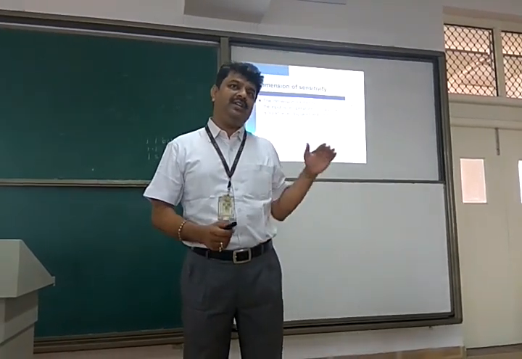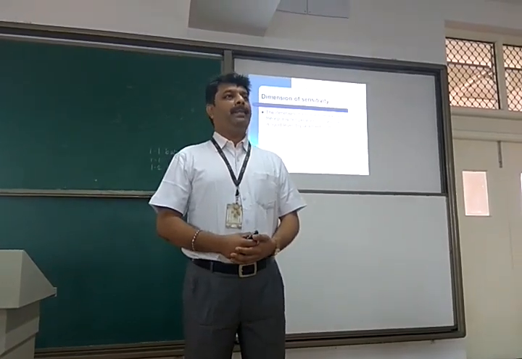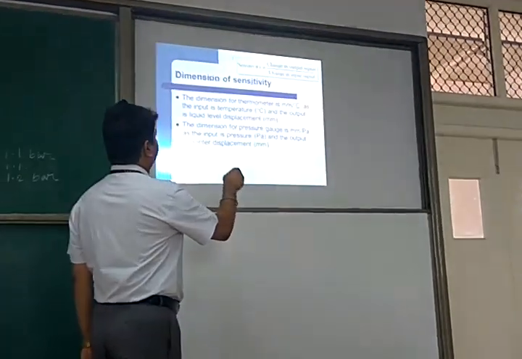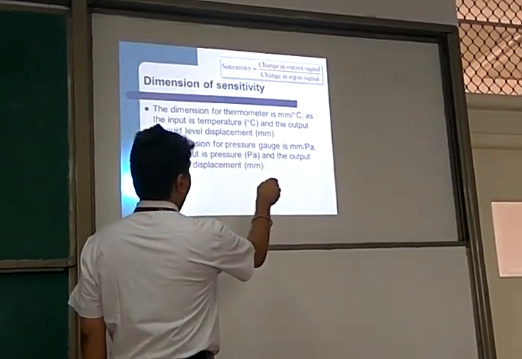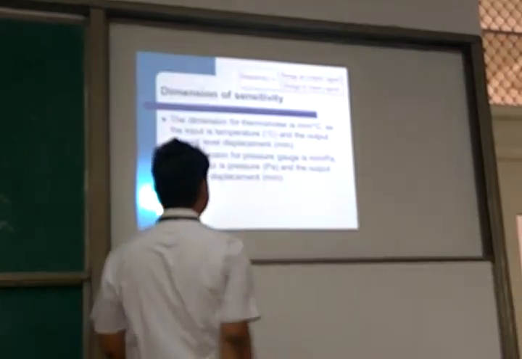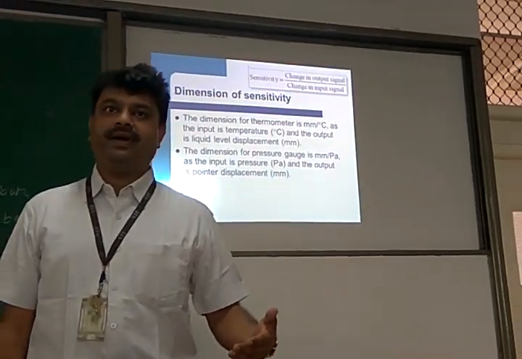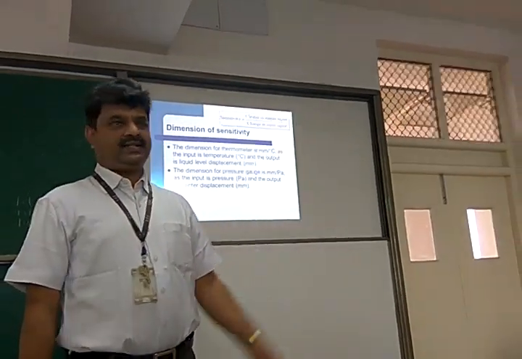Then finally, will the instrument's parameter have some unit or not? It will have some unit. For the thermometer, it is output unit divided by input unit. Output is measured in mm, input is measured in degrees Celsius. So the dimension of sensitivity of that particular instrument is mm per degree Celsius.